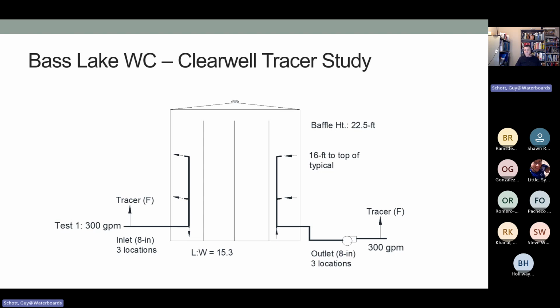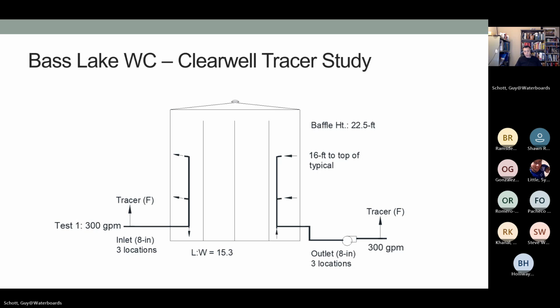Just in your experience, how often is a tracer study required for new clear wells? It's going to be district dependent. In your district, how frequently is it? We don't have many; maybe Cindy can chime in, but not many clear wells go in all the time. If something seems interesting to do, we'll do it, because we're local here. If it's similar to studies we've done before, we can assign a baffling factor that's more conservative than what it may achieve.